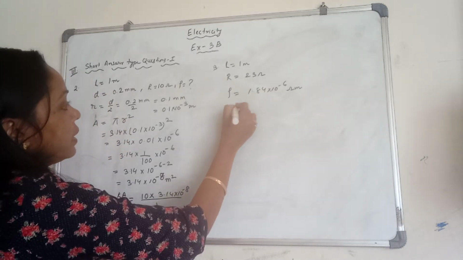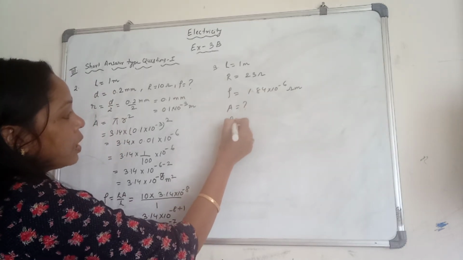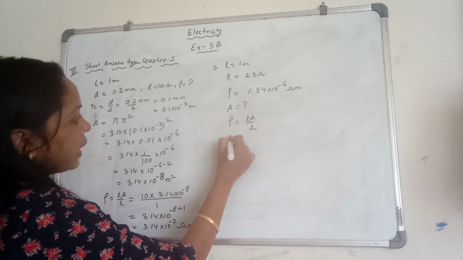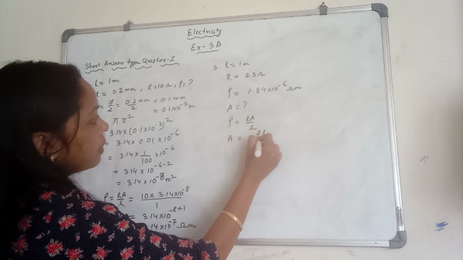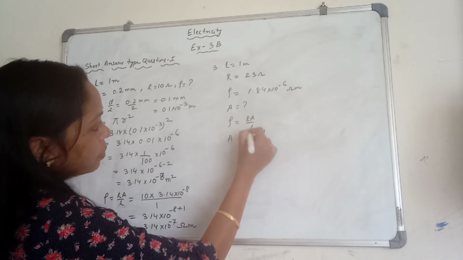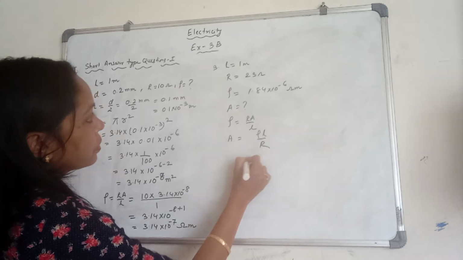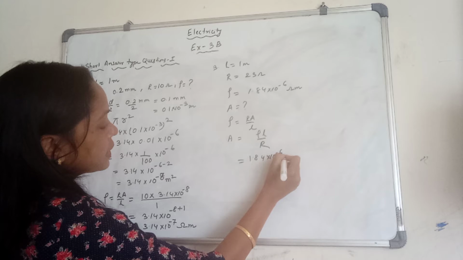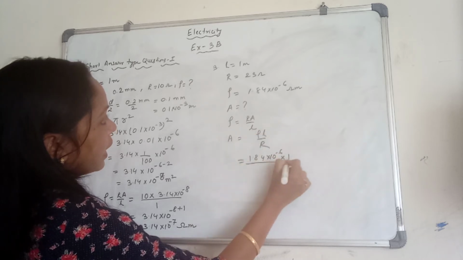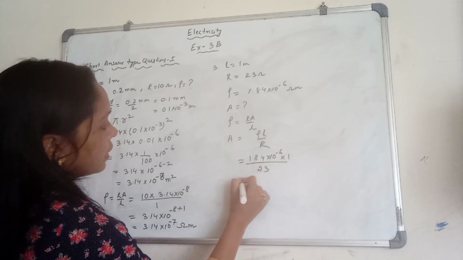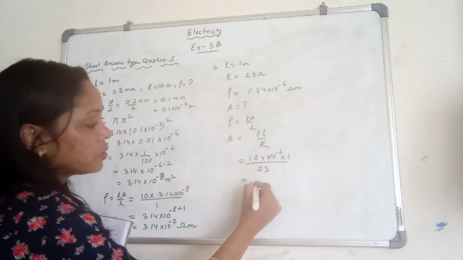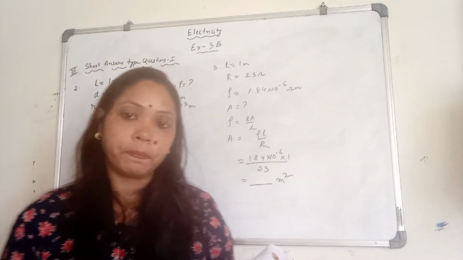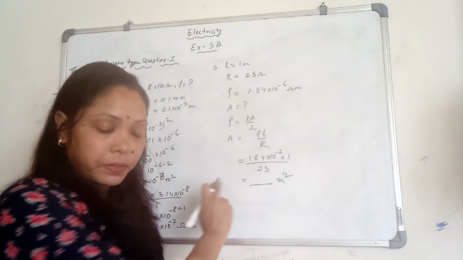You have to find A. So use the formula rho equal to Ra by L. So A is equal to rho L by R. So put the values: 1.84 into 10 to the power minus 6 into L, which is 1, and R is equal to 23. Now you solve this one. After solving you will get the answer. That one will be in meter square. So you solve this part yourself.